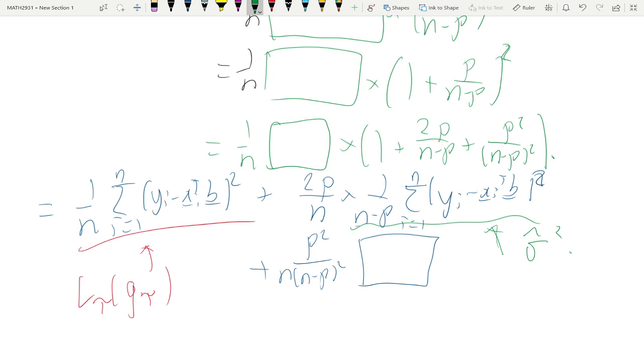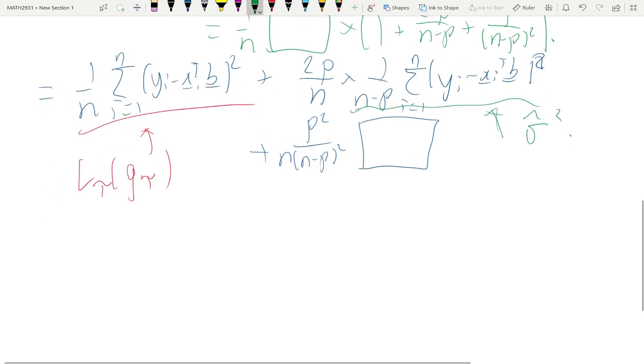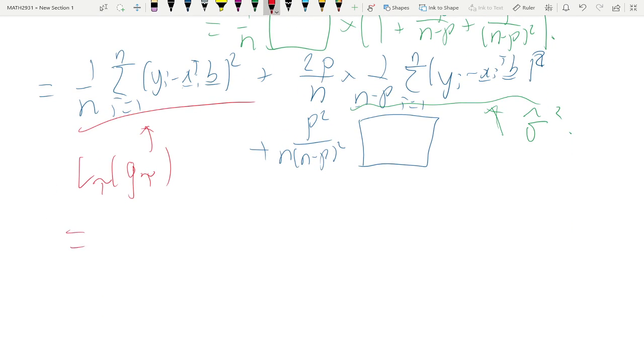Alright. So you can see that from that, it's pretty much just equal to L tilde G tilde, or I should write approximate, plus 2p on n, that's the first part, times sigma hat squared.